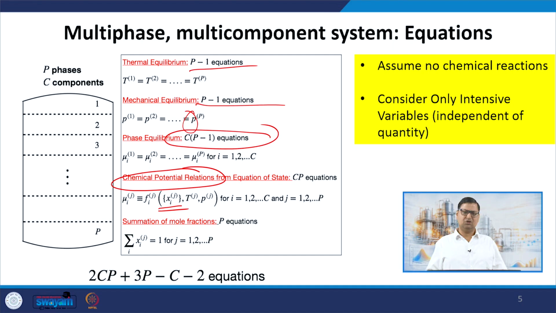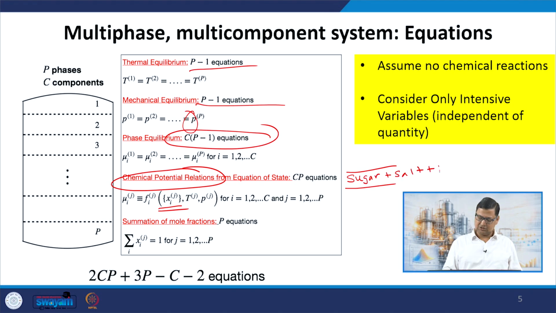So, for example, I am talking about a phase that contains, let us say, sugar plus salt plus water, then the chemical potential of, let us say, sugar in this phase is going to be a function of the mole fraction of sugar, mole fraction of salt and mole fraction of water.